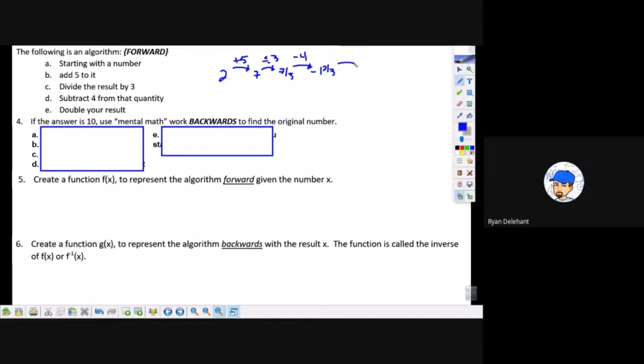And then I doubled it, which is times 2. I'm not worried about these numbers in between, but let's find the final answer. We got to our end, and this is negative 3 1/3. I picked a poor number to start with.